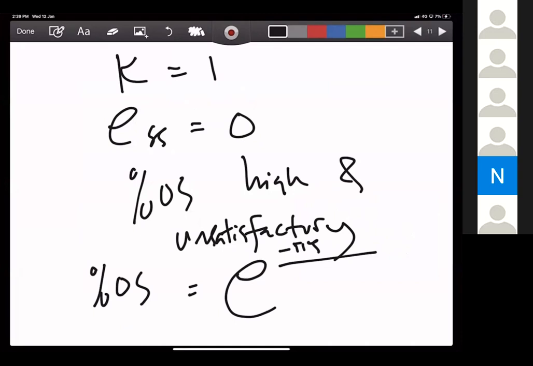Dah lupa lah Prof. Overshoot is minus exponent power of negative zeta pi bahagi square root of 1 minus zeta kuasa power of 2, close bracket, darab 100.